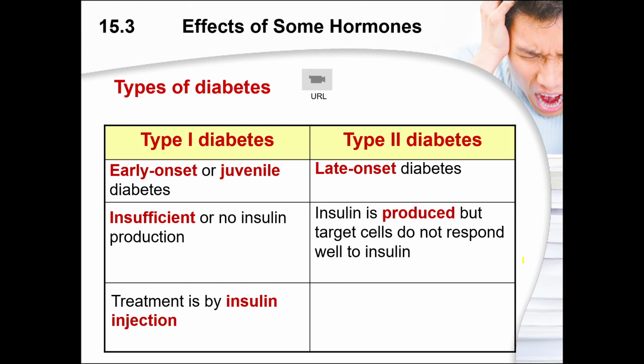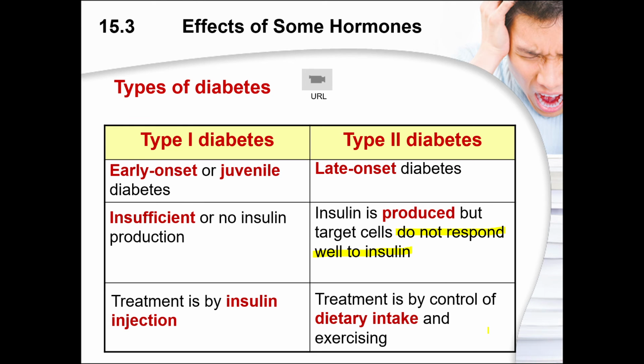Okay, I repeat, these people end up having cells that do not respond to insulin. Because they eat so much all the time, the body keeps producing so much insulin, very soon the cells decide that they don't want to respond to the insulin anymore. And this is called insulin resistance. Okay, type 2 diabetes is caused by insulin resistance.